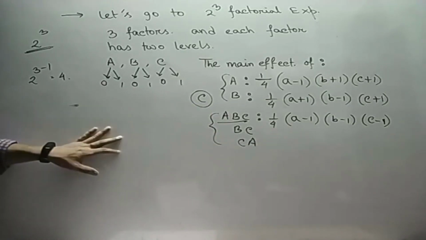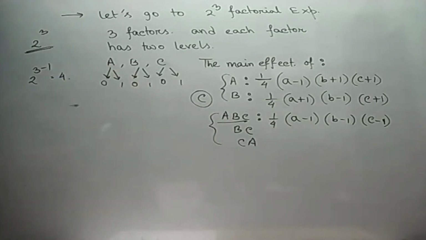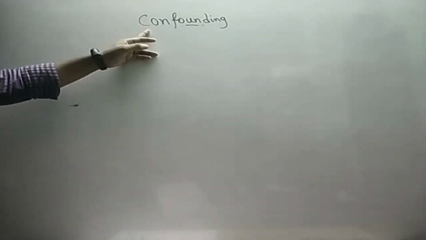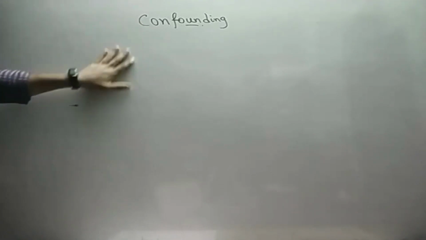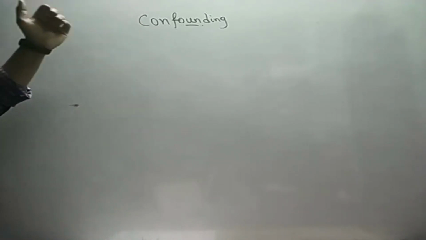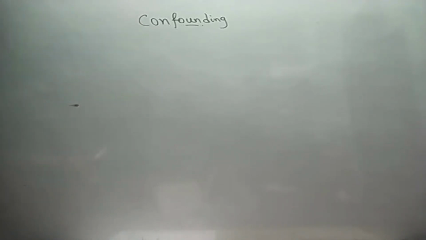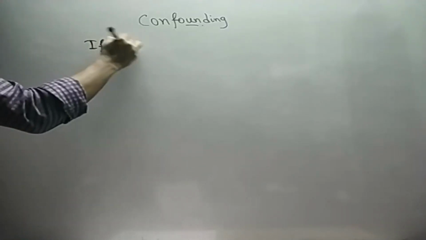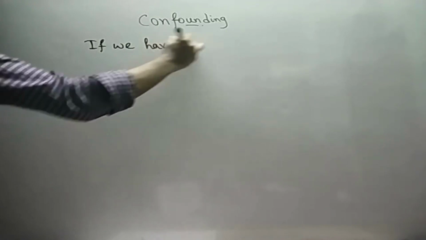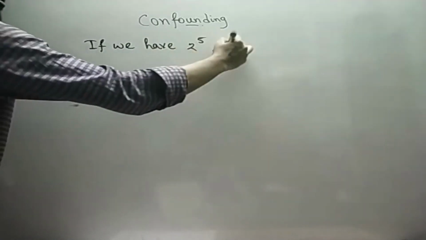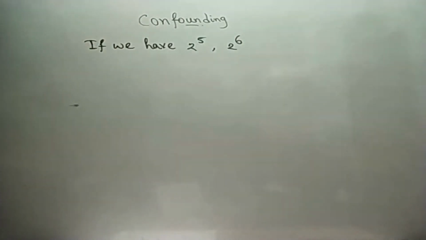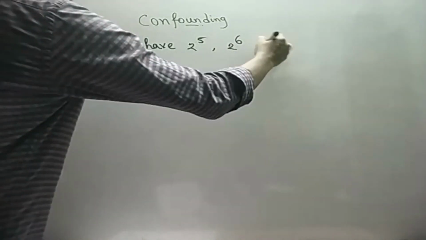So now let's go to the next topic, which is confounding. Let's start with the basic concept: what is confounding? Let's say we have a 2 to the power 5 or 2 to the power 6 factorial experiment.